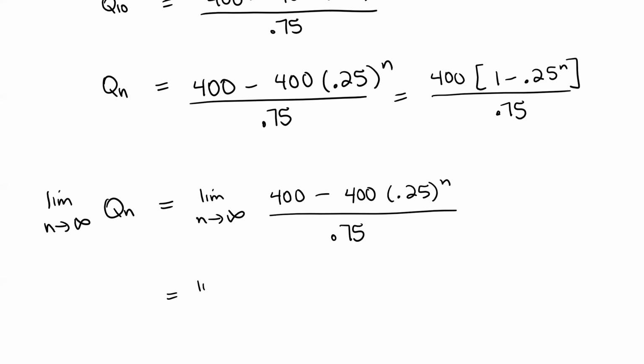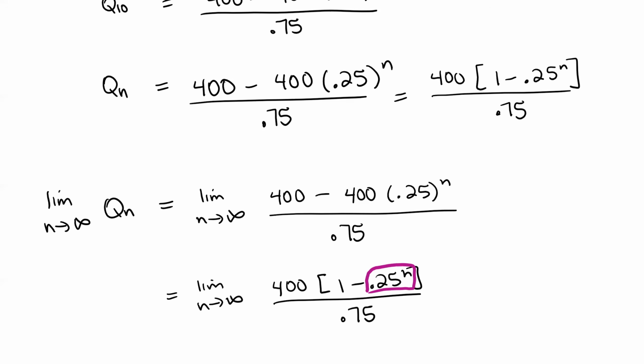So we can rewrite this as the limit as n goes to infinity of 400 times 1 minus 0.25 to the n over 0.75. Okay, so as n goes to infinity, 0.25 to the n is going to decrease down to 0 because we're taking a number that's less than 1 and raising it to the nth power and sending n to infinity.